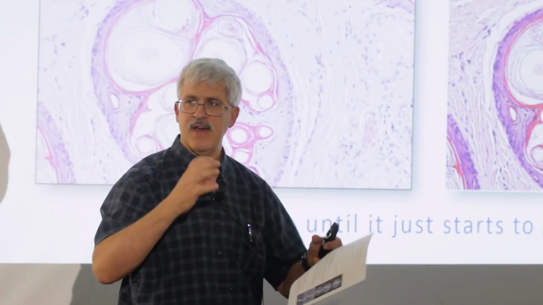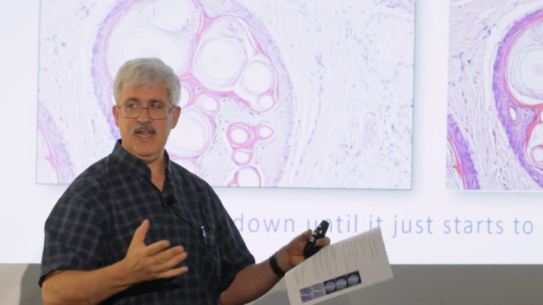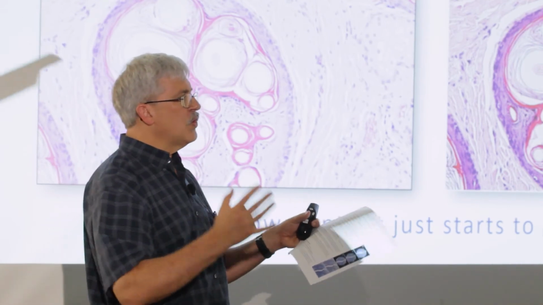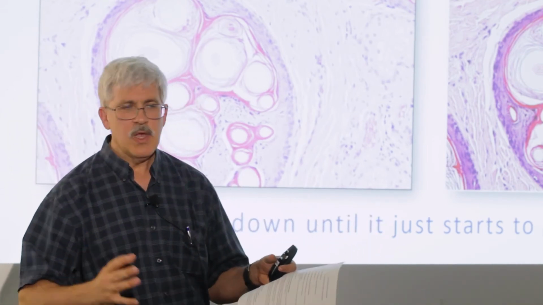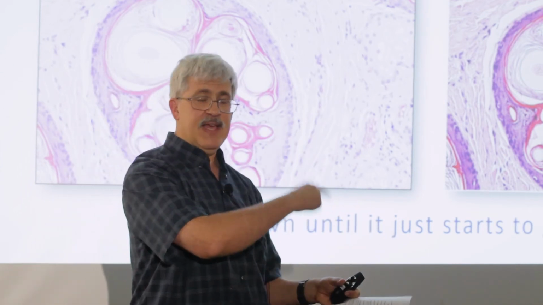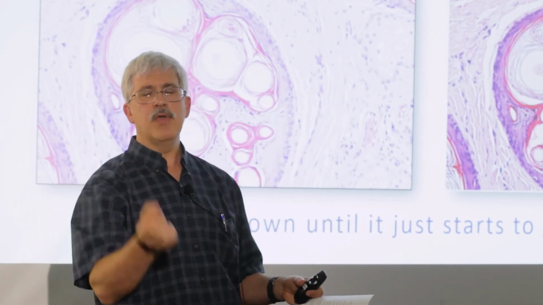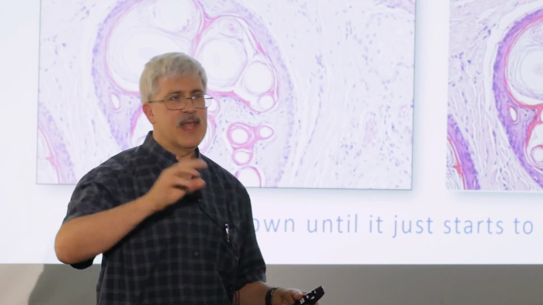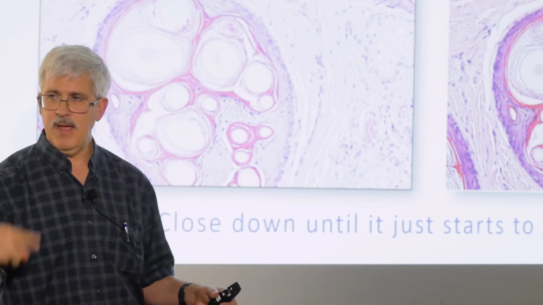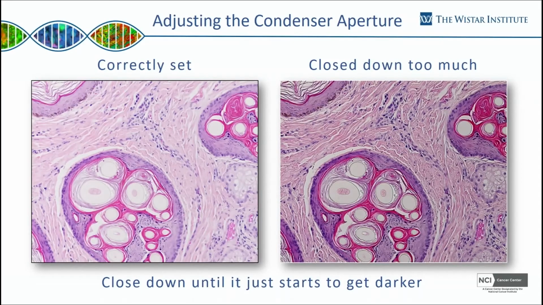They were identifying the different types of plants these were coming from. The only visible difference between the two was that the one that could not be let into the country had a double membrane on the outside, and the other had a single membrane. If you closed down the condenser aperture too much on a single membrane, it turned into two. It got overcorrected.